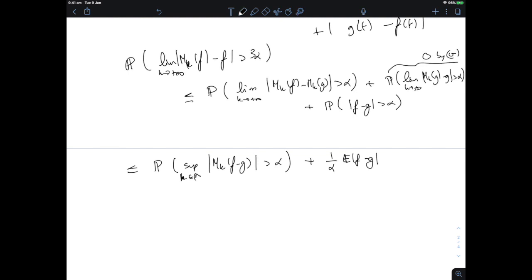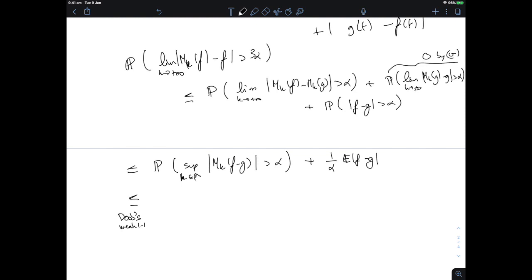Now, here I'm going to apply Doob's, what we call the weak type 1-1 inequality. So this mk of f minus g is a martingale, right? That was point 1 of the proposition before.